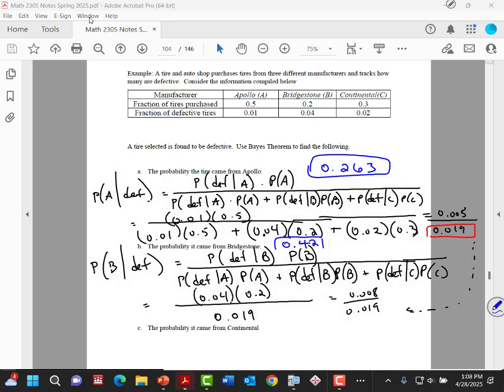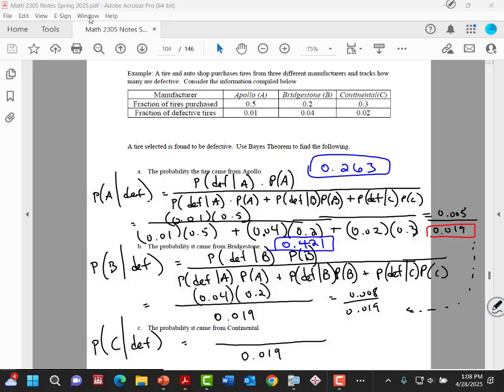I'll write that up here, 0.421. So if a tire was found to be defective, the probability that it came from Bridgestone is 0.421. Okay, lastly, the probability that it came from Continental. So this would be the probability C given defective. To save time and space, instead of writing everything out, we know that this denominator is going to be this 0.019 again.